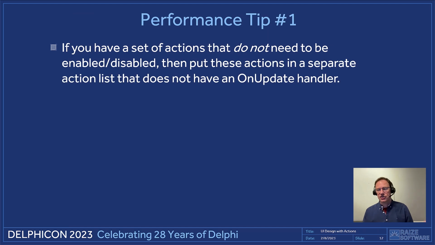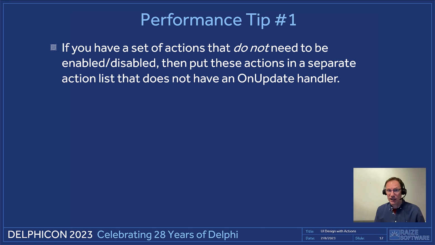Now, there are some implications for this. The first is a performance tip. If you have a set of actions that do not need to be enabled or disabled, I highly recommend putting those actions into a separate action list that does not have an onUpdate handler. The benefit is that any of the client controls connected to those actions won't add extra calls into onUpdate.